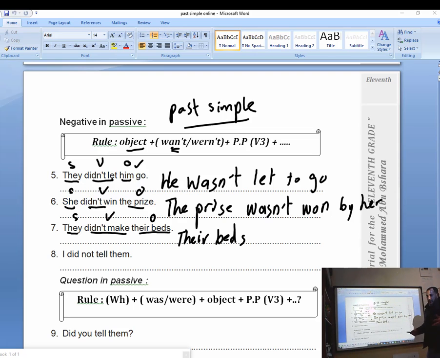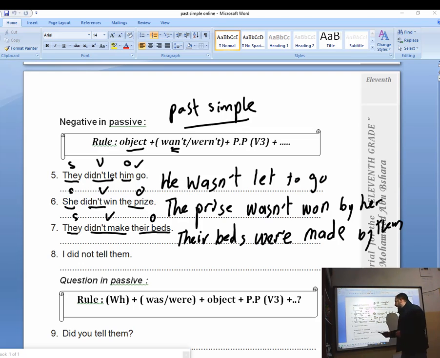Here we use were because it is a plural noun. Their beds weren't made by them.